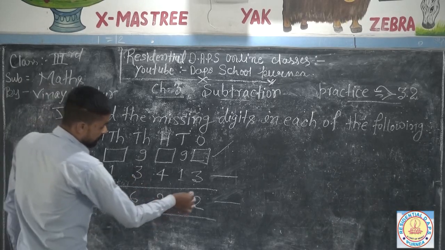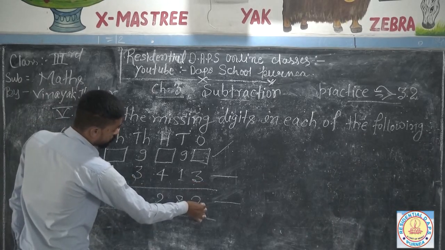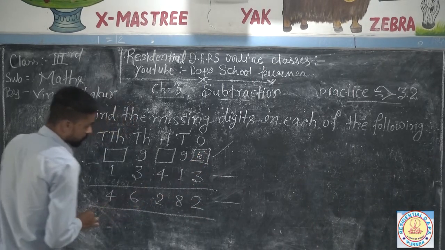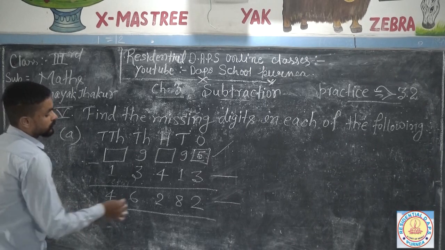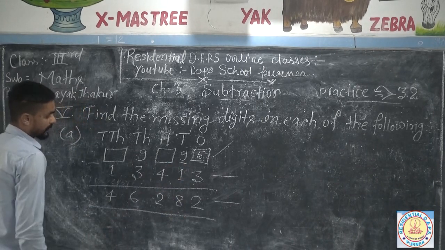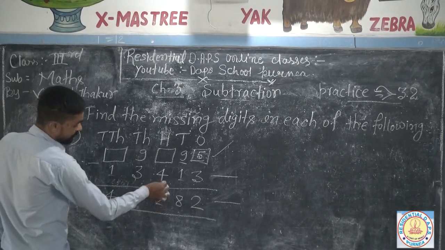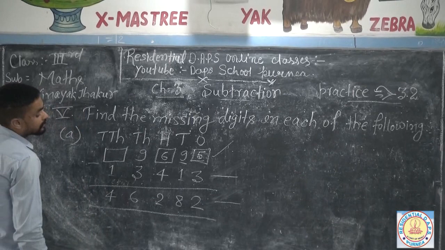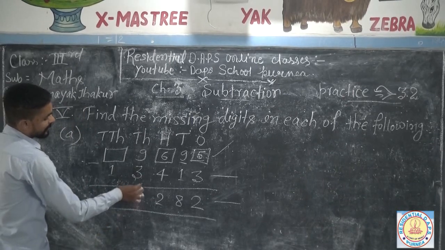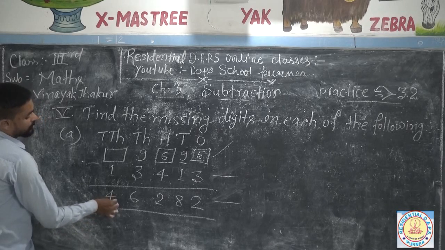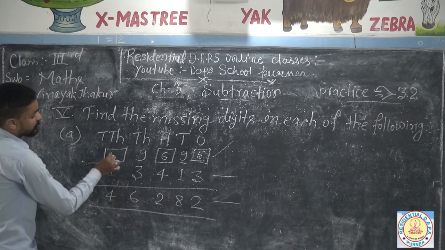If you add 3 and 2, you get 5. If you add 8 and 1, you get 9. If you add 4 and 2, you get 6. If you add 6 and 3, it forms 9, and if you add 4 and 1, it forms 5.